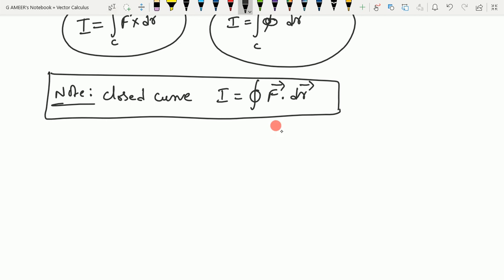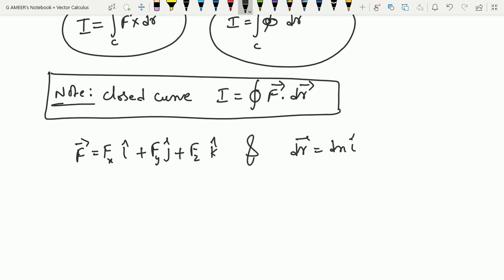For example, in the Cartesian coordinate system, F can be written with an x component along i cap, a y component, and a z component as well. And dr will be dx i cap plus dy j cap plus dz k cap.